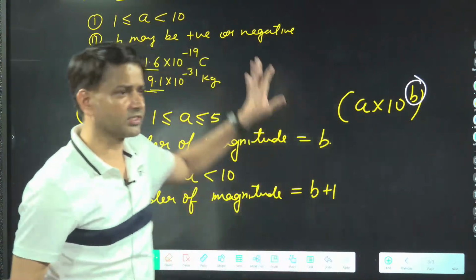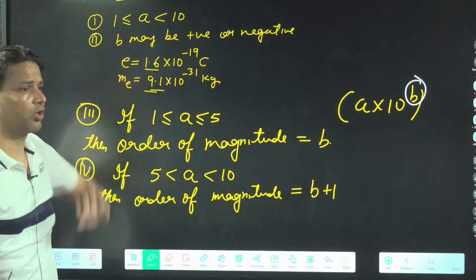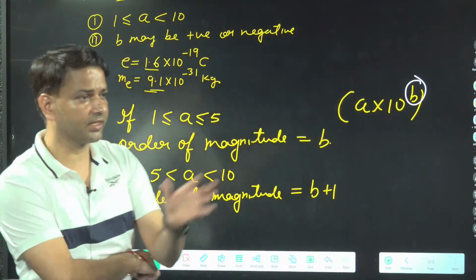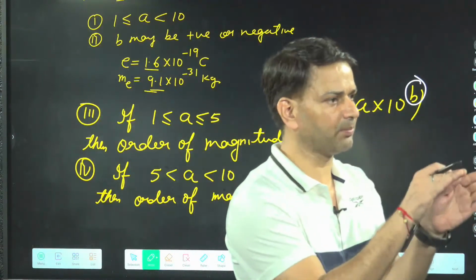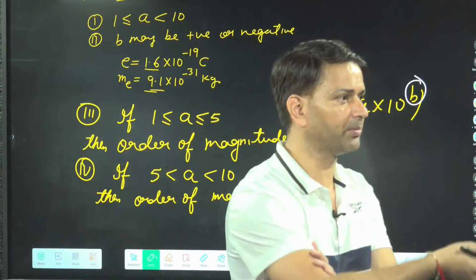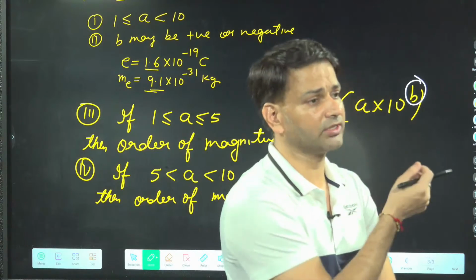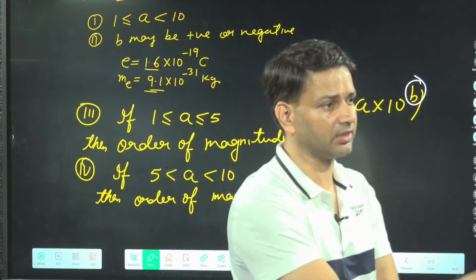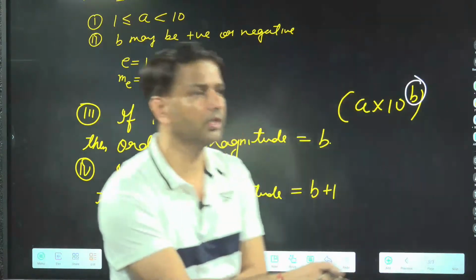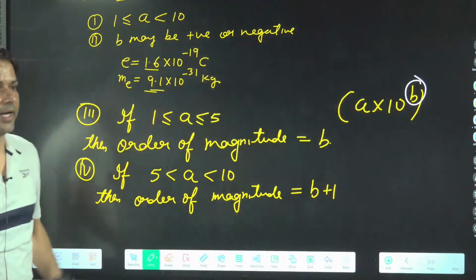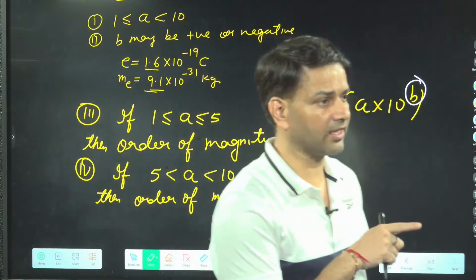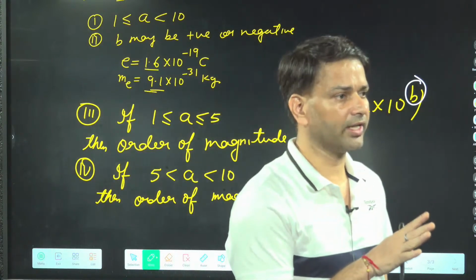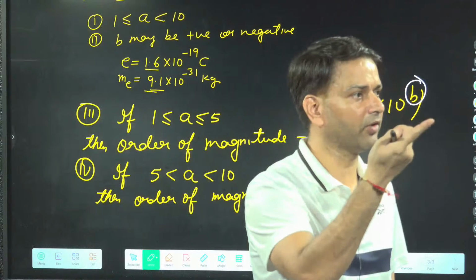Like the first example written here, electronic charge, 1.6 into 10 to the power minus 19. It is of the form A into 10 to the power B. If I ask what is the order of magnitude of the electronic charge in coulomb, 1.6 is less than 5, so we see the power. The power here is minus 19, so the order of magnitude is minus 19.